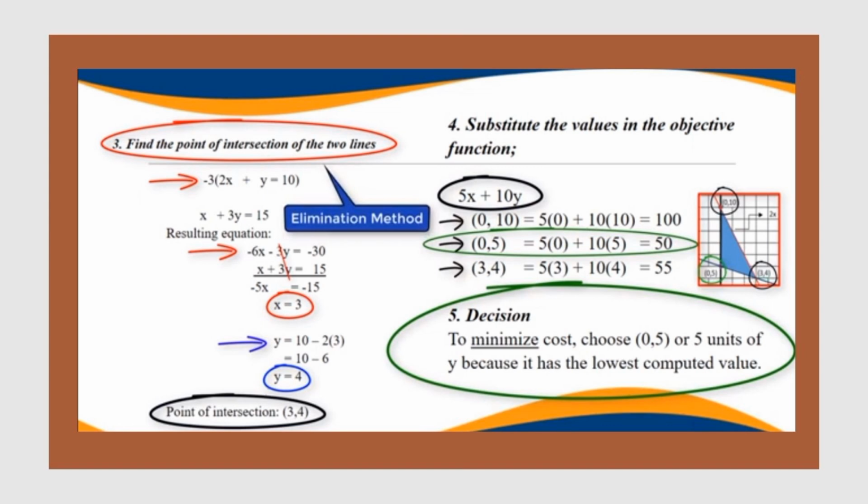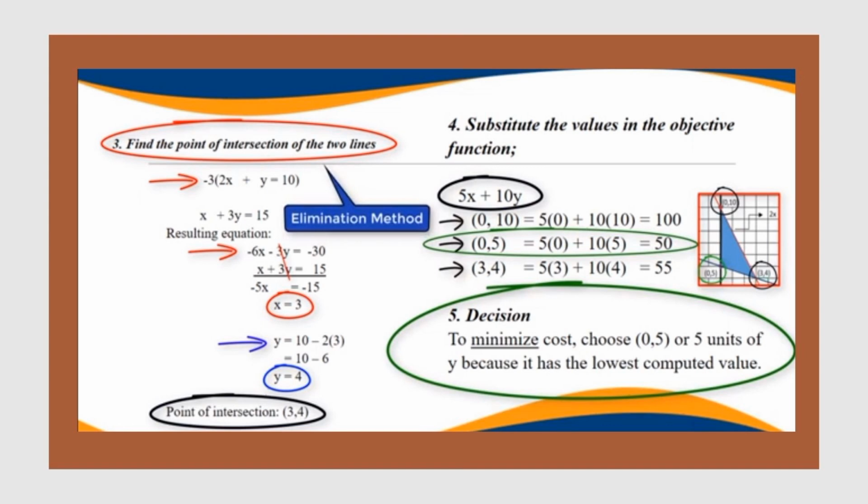So after that we need to go back to our objective function and substitute the values that we have in our vertices.